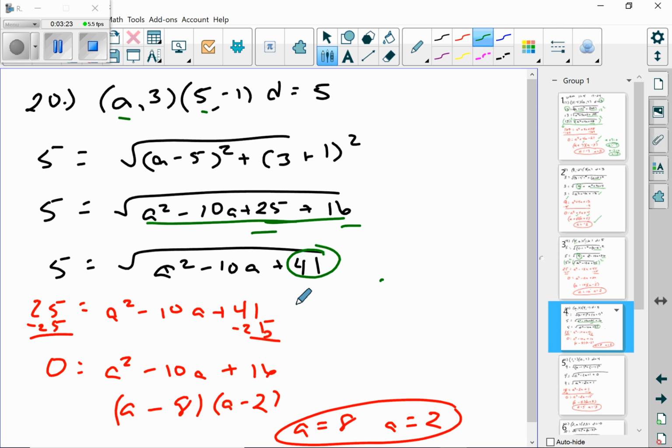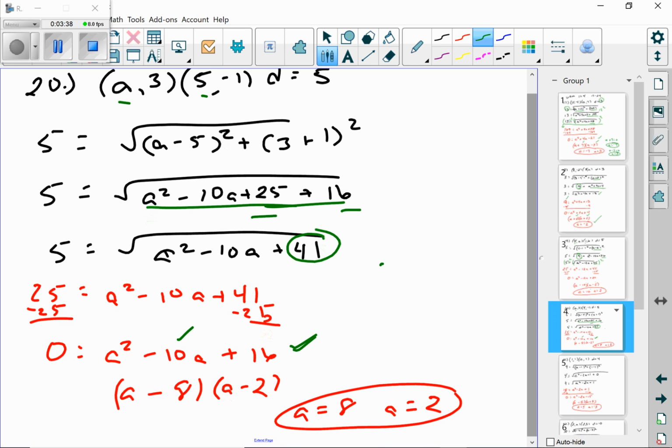Move 25 to both sides. 41 subtract 25 is 16. That factors into 8 and 2, both negatives. Negative 8 times negative 2 makes positive 16. Negative 8 plus negative 2 makes negative 10 in the middle. This solves into positive 8, positive 2. Number 20.